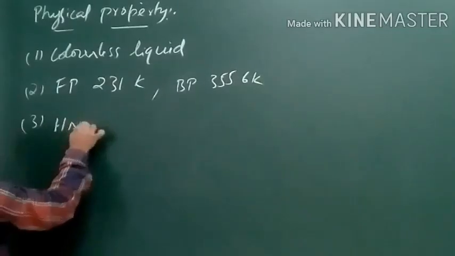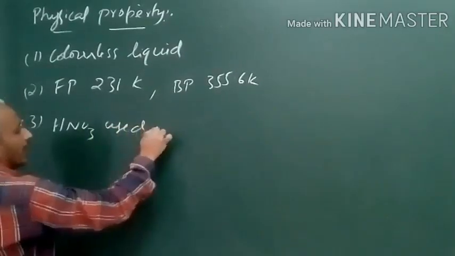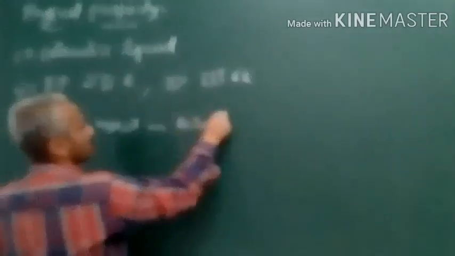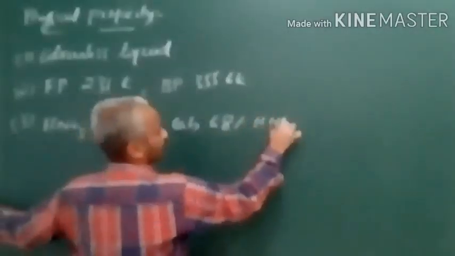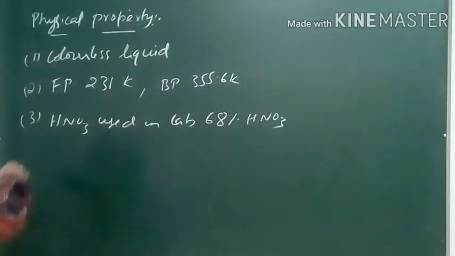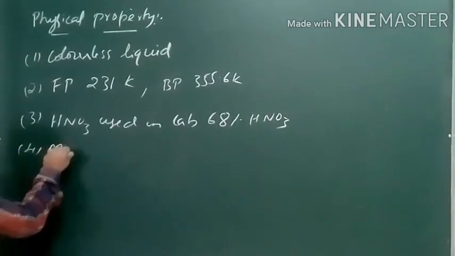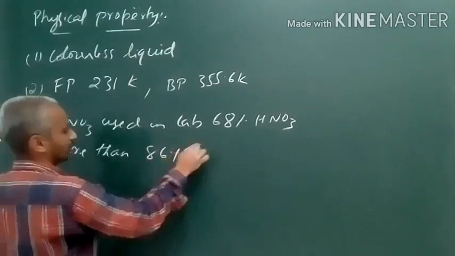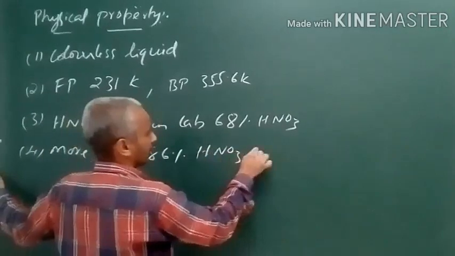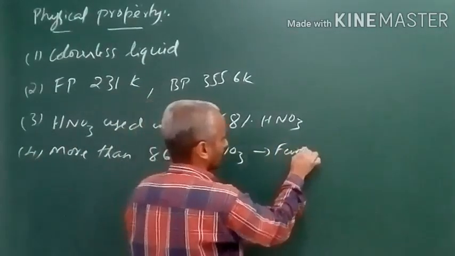The HNO3 used in the lab is 68% HNO3, and if more than 86% HNO3 is there, then it is fuming nitric acid.